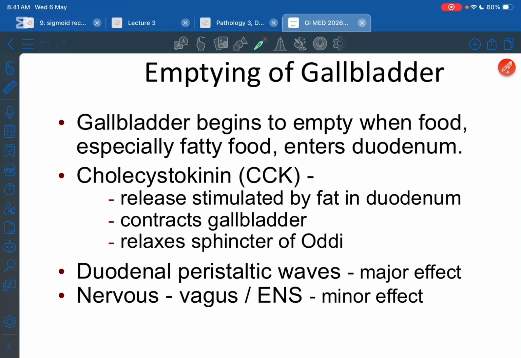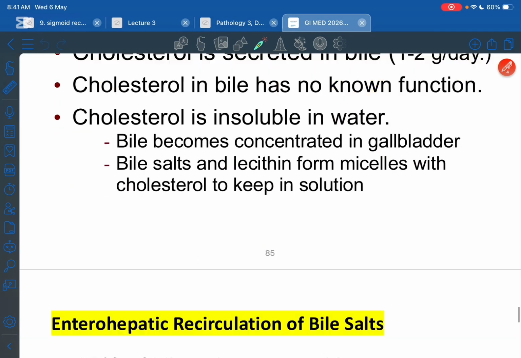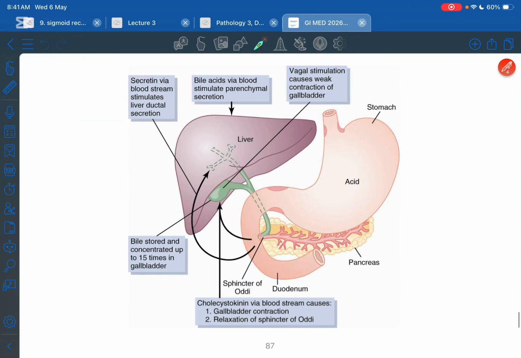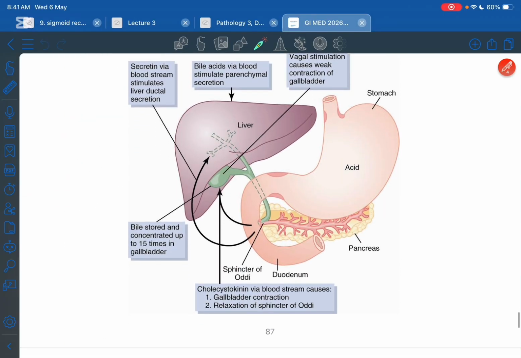And we have the other effect, it will relax the lower sphincter at the junction of the common bile duct with the second part of the duodenum. So it will relax this and allow contraction, so the content will be delivered to the second part.